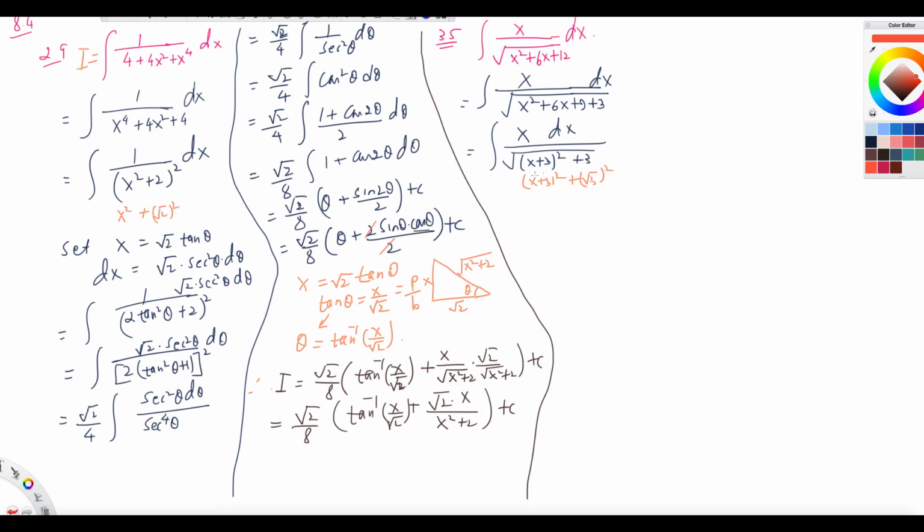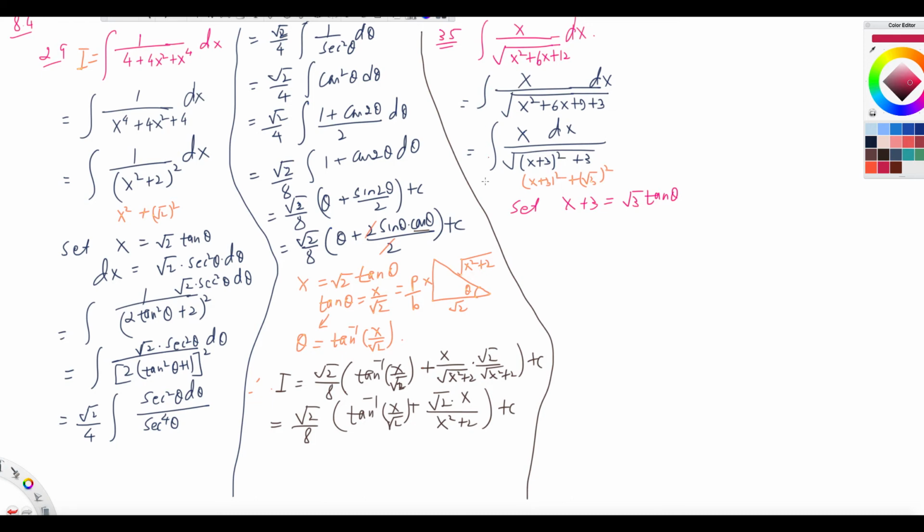So this is like x, this is like a, right? So what you can do in this case is set x plus 3 equals root 3 tangent theta. Same process, only the difference is instead of x, you got x plus 3. That's the only difference, okay?